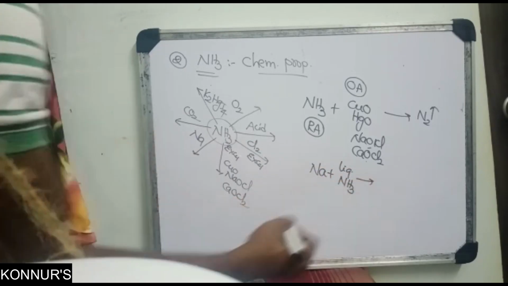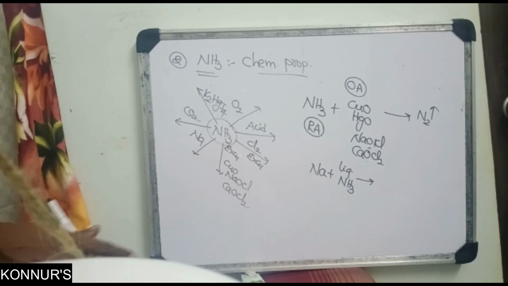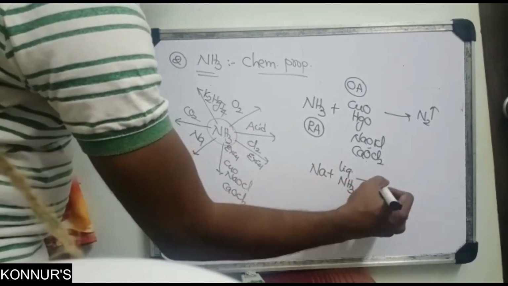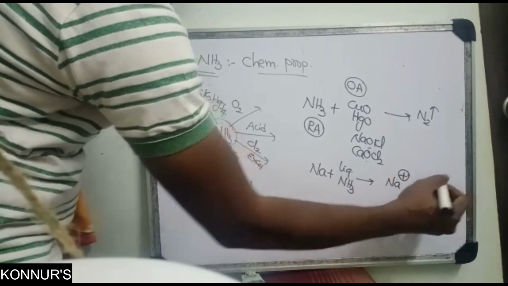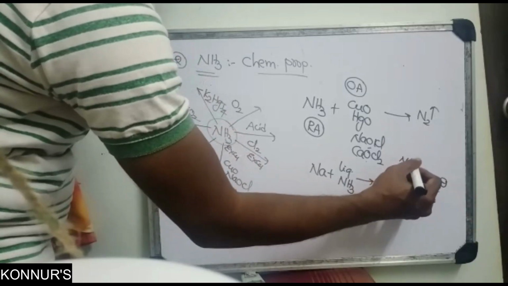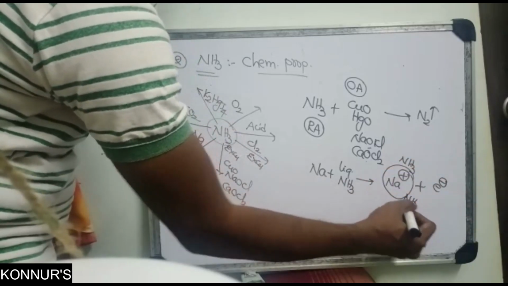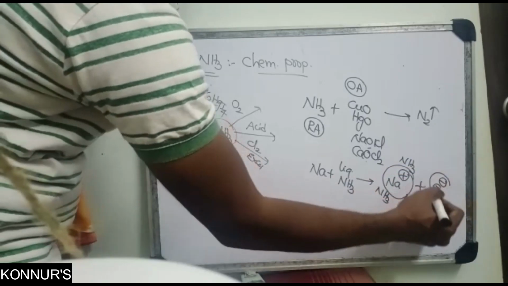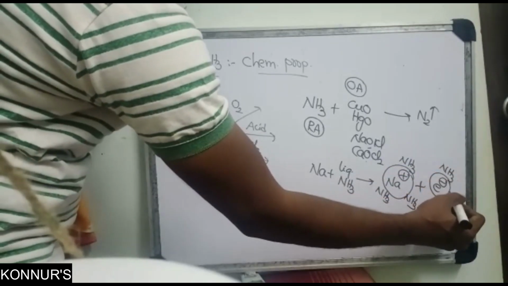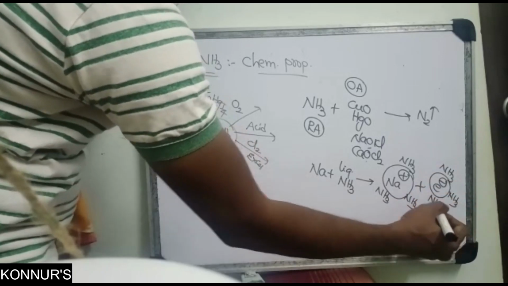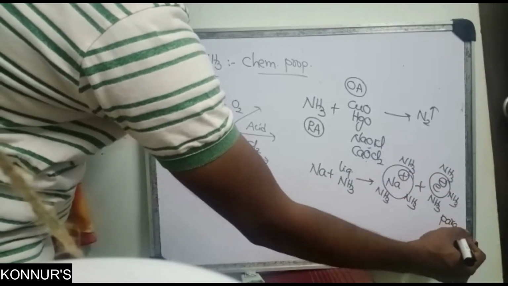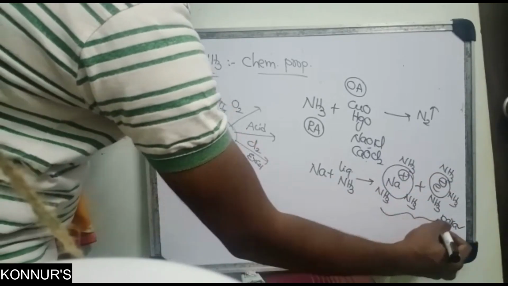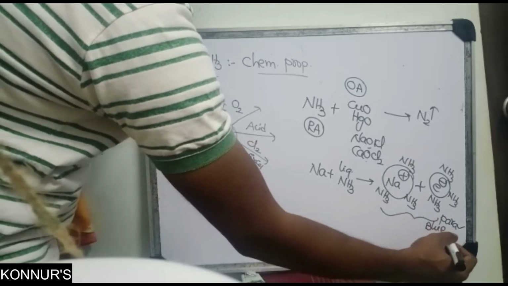Next, sodium plus liquid ammonia. In organic chemistry it is famous, as well as coming under first group elements. See, sodium loses one electron. It becomes Na plus and an electron. Na plus is surrounded with ammonia. Next, the free electron is also surrounded with ammonia. Because of the ammoniated free electron, it is showing paramagnetism, and this total solution is observed in blue color.